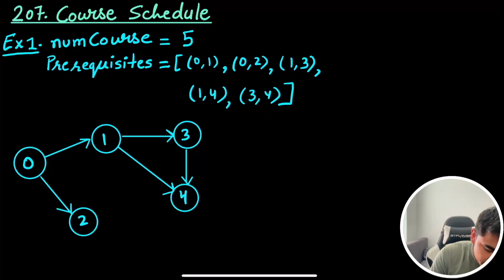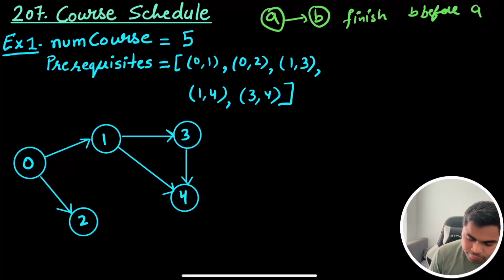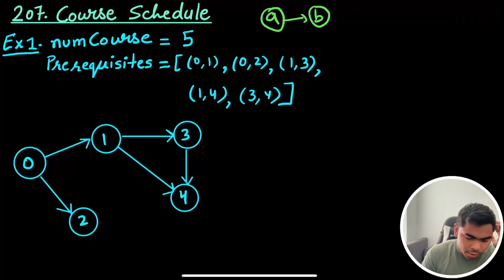So here, a and b means there is an edge going from a to b, and you finish course b before a. Okay, maybe you understand what we are talking about. Now let's go through this example and see if we can finish these set of courses.